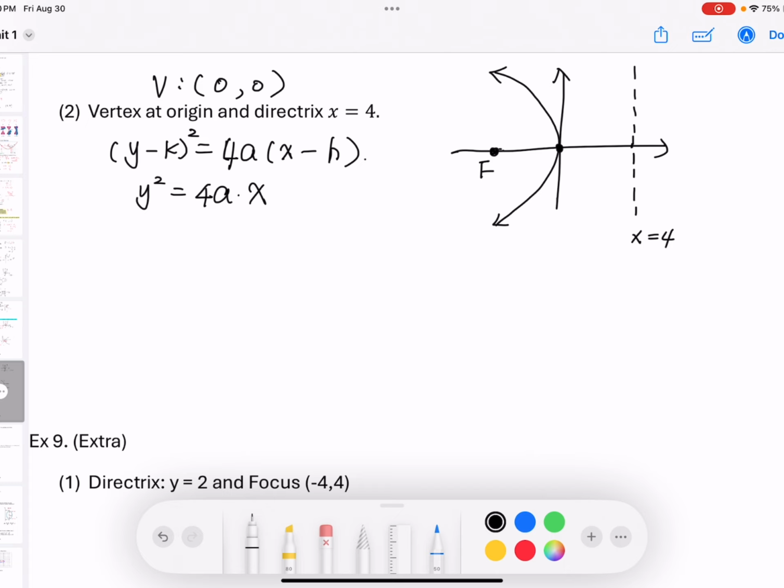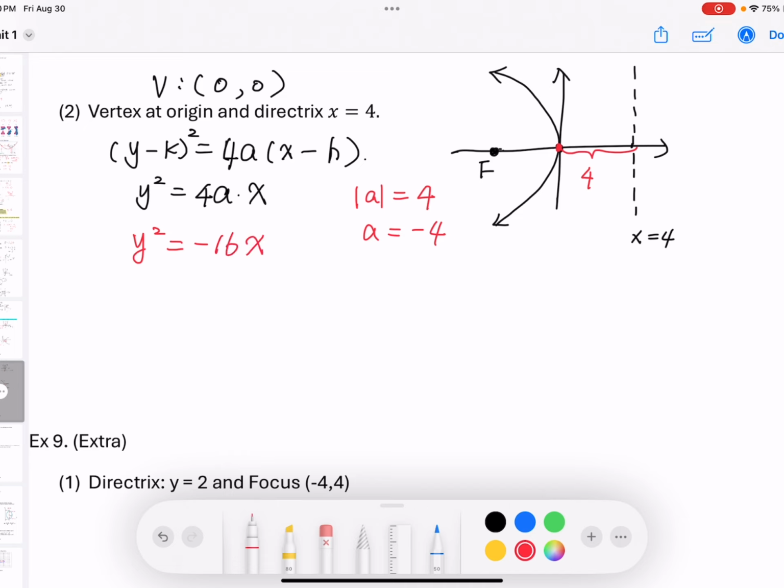Let's measure the distance from the origin, or the vertex, to the directrix. It is 4, but this is the absolute value of a. The absolute value of a is equal to 4. A is negative because my graph opens in the negative x direction, so a must be negative 4. I have y squared is equal to negative 16x.